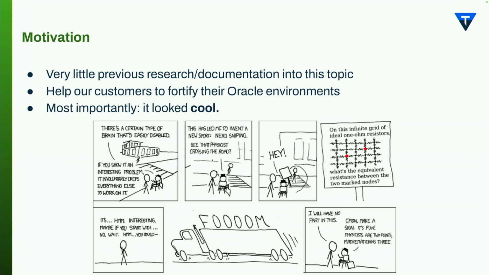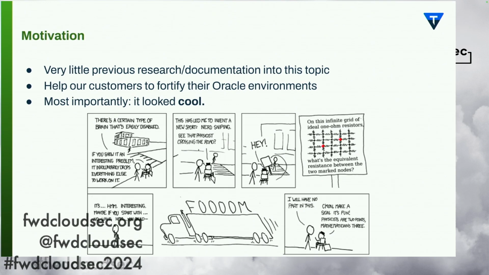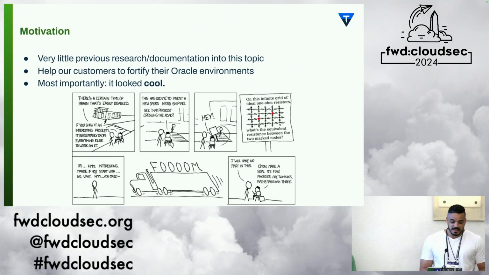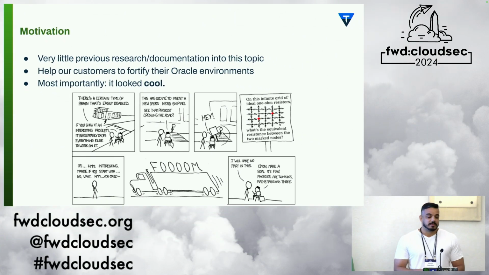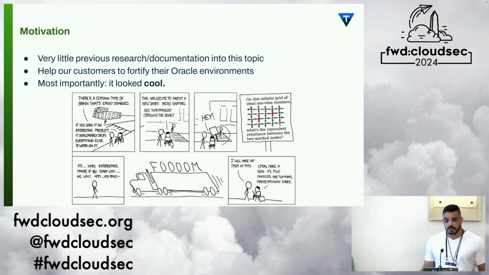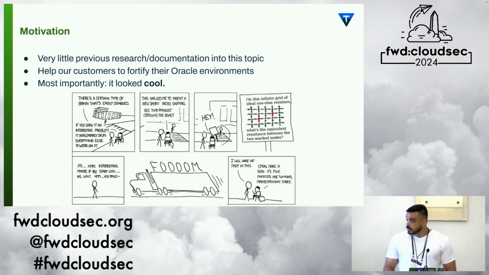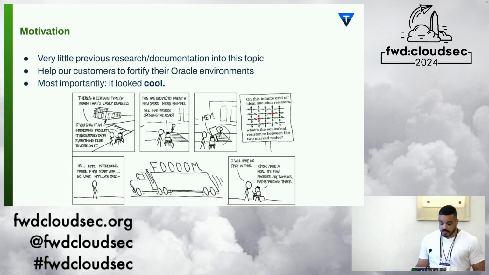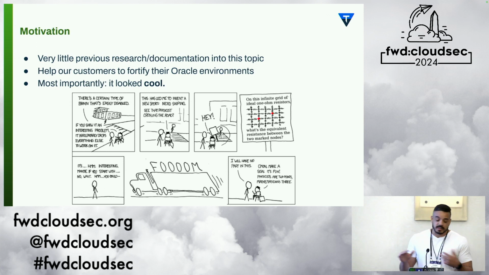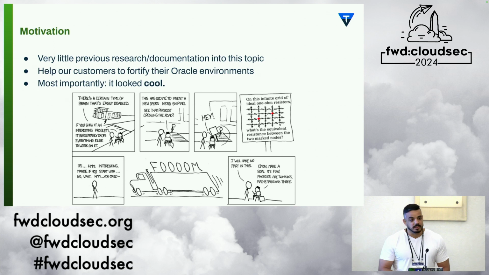We are researchers, so we are curious by default. So we thought, well, it might be a good research topic, would help improve the security of our customers at Tenchi, and most important, it looked cool, right? There's an XKCD comic strip here that is basically about curiosity and how to kill mathematicians and physicists and this kind of stuff, basically by asking them questions and making them wonder about their life while crossing the roads.